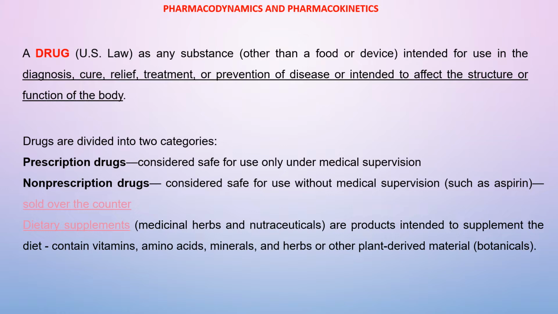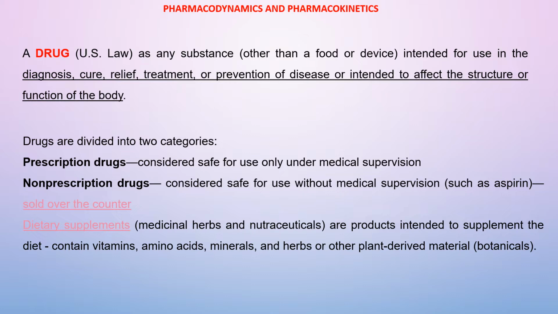What are drugs? These are substances which are used for diagnosis, relief, treatment, cure, or prevention of a disease and affect the functioning of the body. They are broadly classified into two groups, prescription drugs and non-prescription drugs.